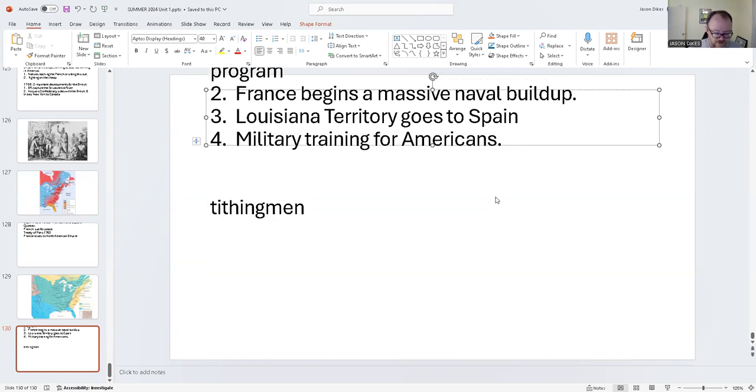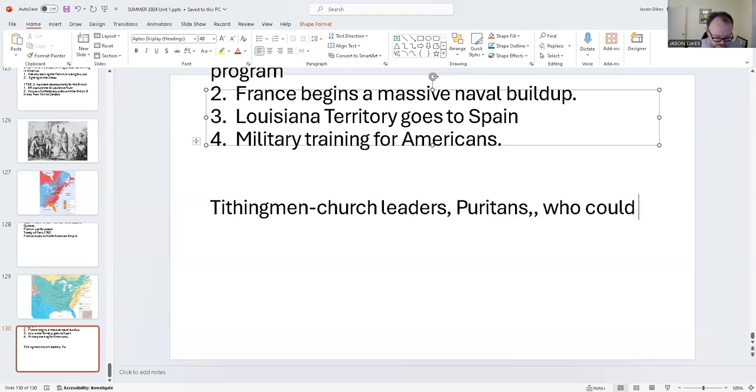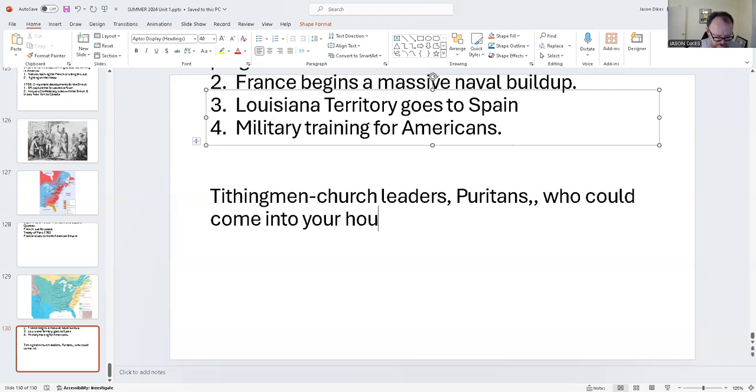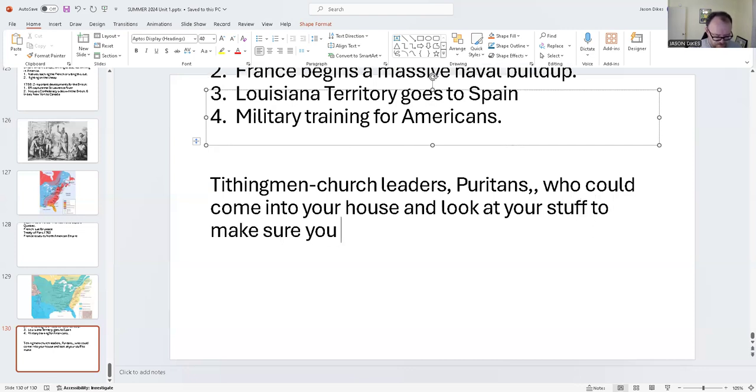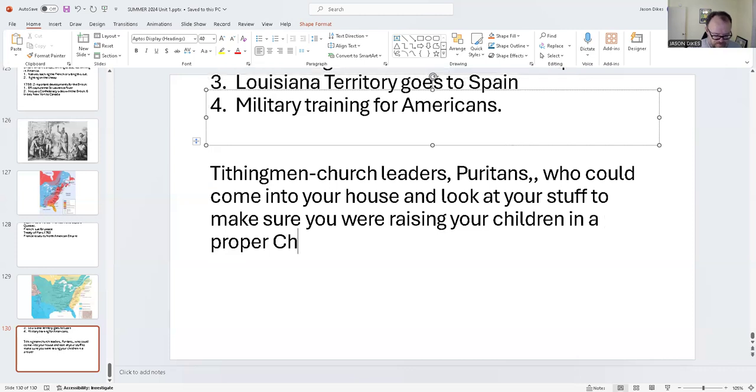If you go back to the section on Puritans, the tithing men were basically church leaders, who could come into your house and look at all your stuff, make sure you are raising your children in a proper Christian household.